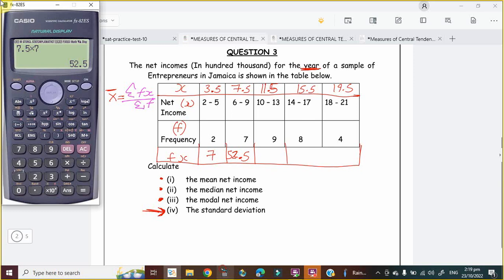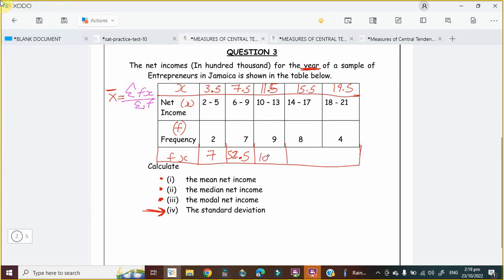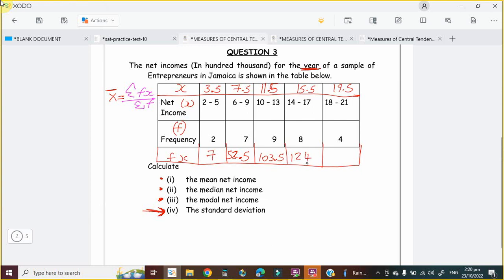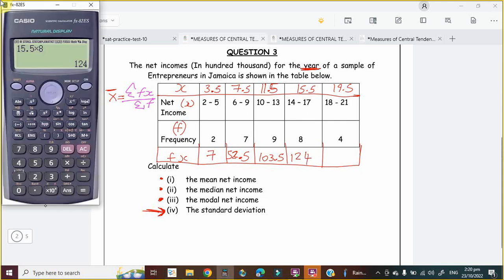That's our 103.5. Then we've got 15.5 times 8, and that gives us 124. And then 19.5 times 4, that is 78.